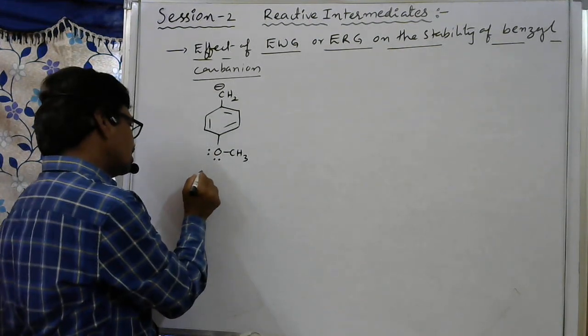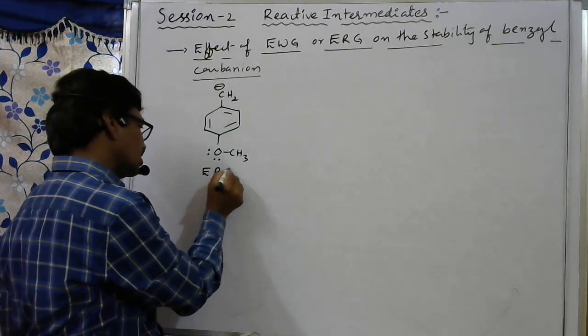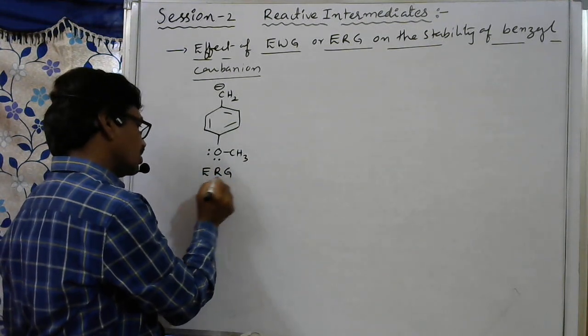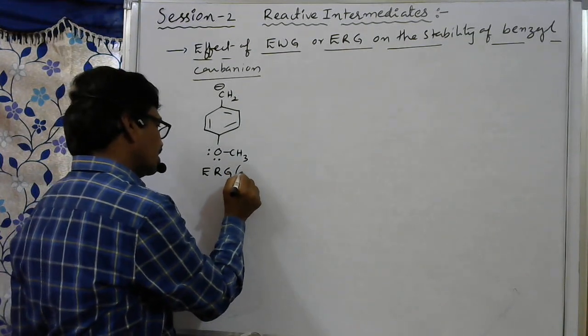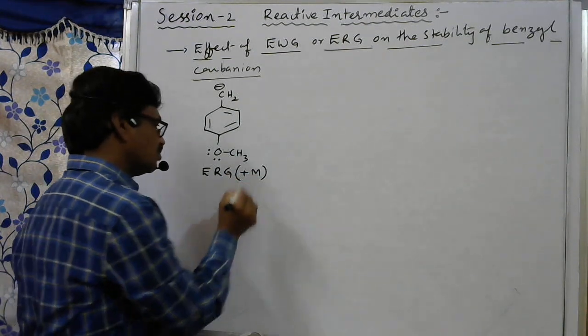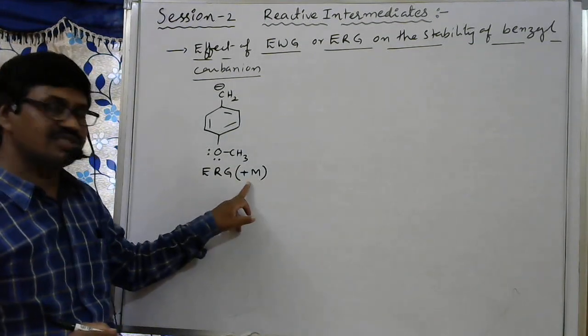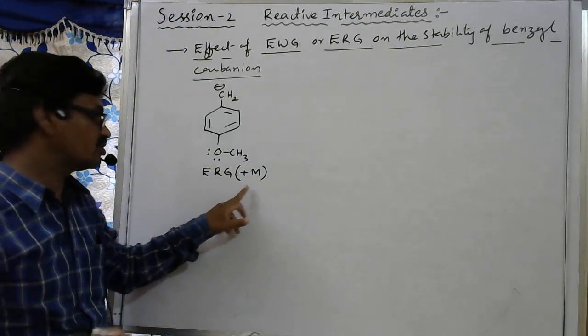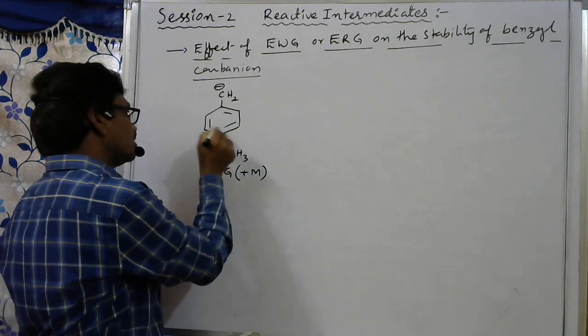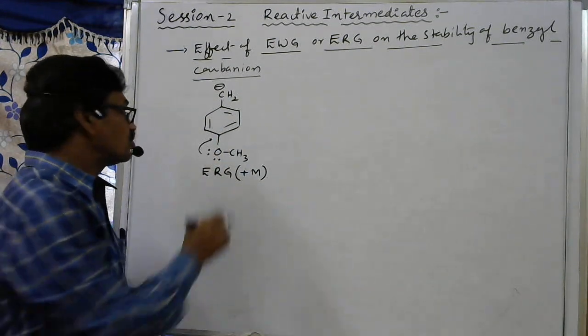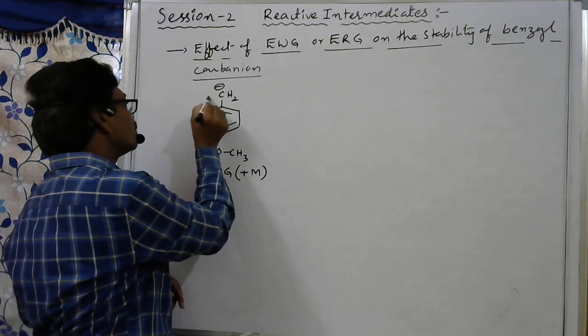So this is an ERG, electron releasing group. Why is it an electron releasing group? Because it is a plus M group, plus mesomeric effect. So these lone pairs of electrons shift towards this side, so that the ring is activated. Through the ring, electrons are moving to this carbon.